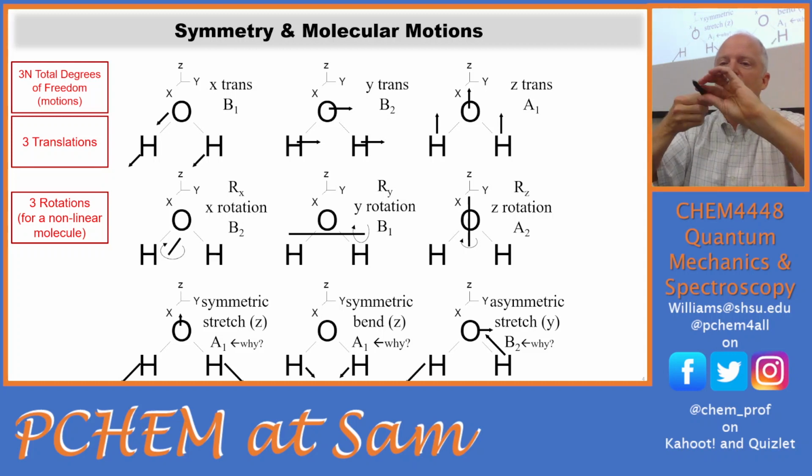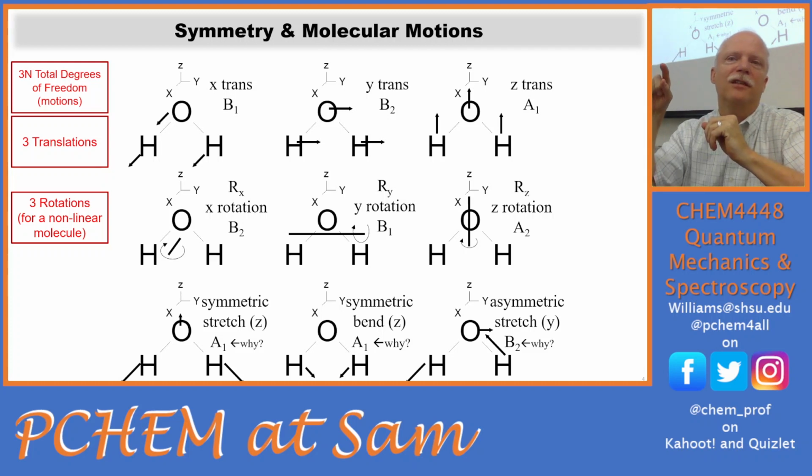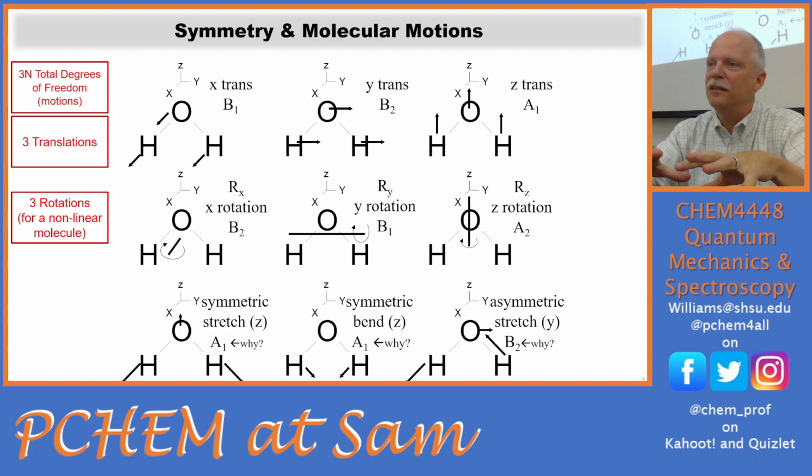So you have rotation around X and rotation around Y, but you don't have rotation around Z because there's no mass off of Z. So we say 3 rotations, but there's a little asterisk there. If it's linear, there's only 2 rotations. Now, everything that's not a translation and not a rotation, by definition, is a vibration.